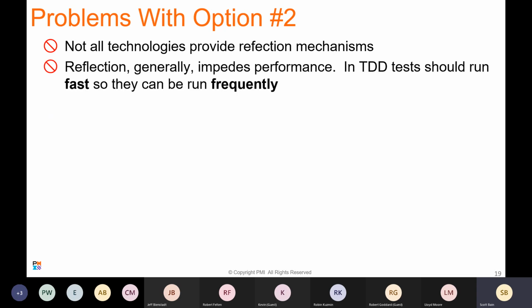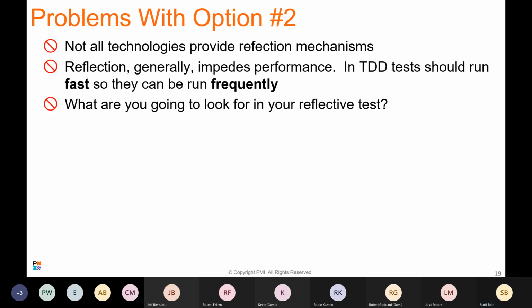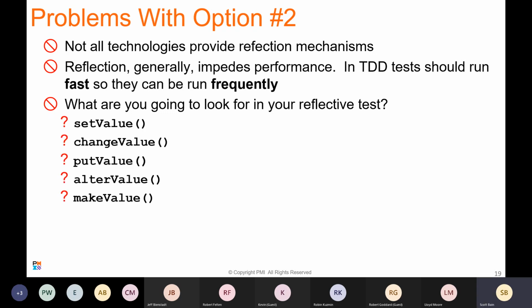Even when it is available, reflection is way too slow for TDD. TDD tests should be kept as fast as possible, so we'll run them frequently. Also, what will the test look for to ensure it's not there? Set value, change value, put value, alter value, make value. There's no end to this. What about modify value? I'm sure you can think of others.